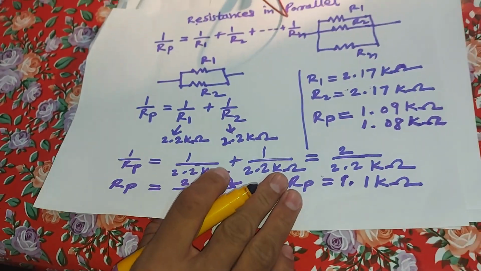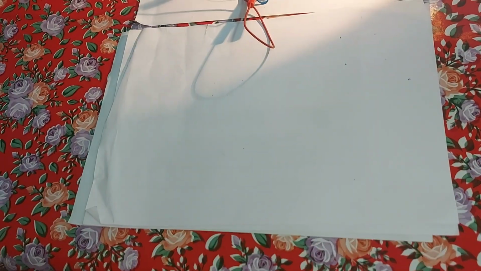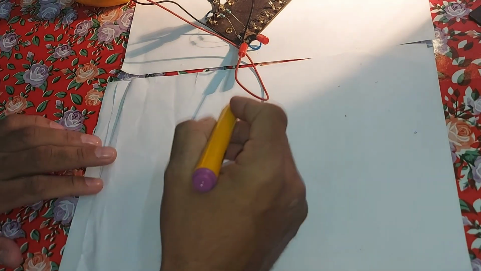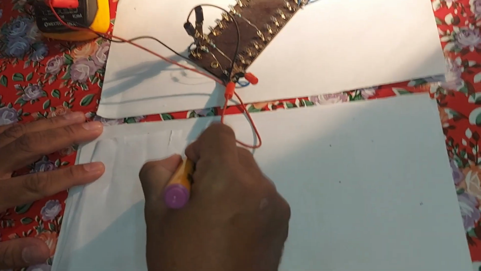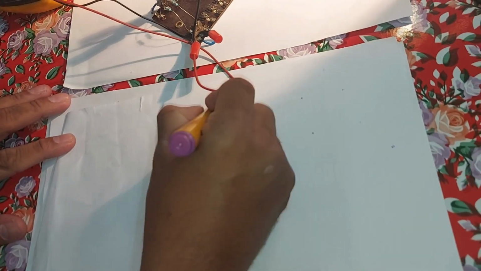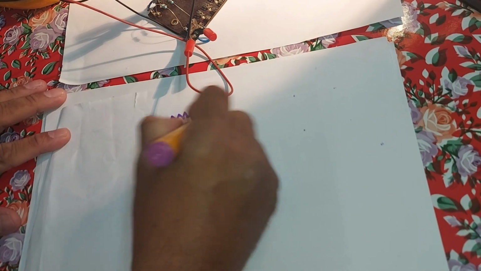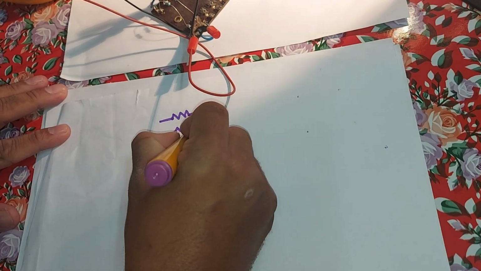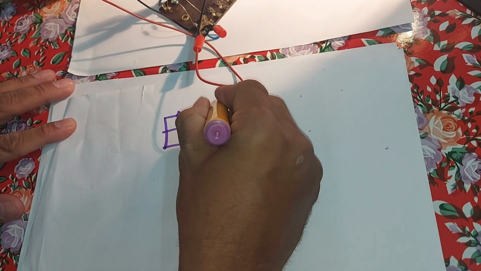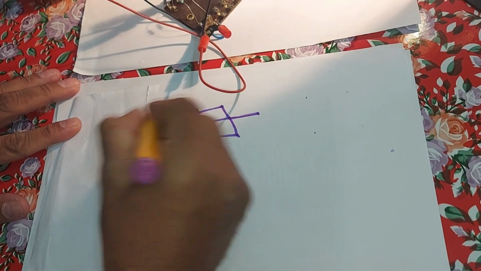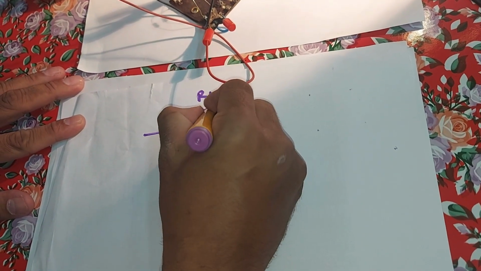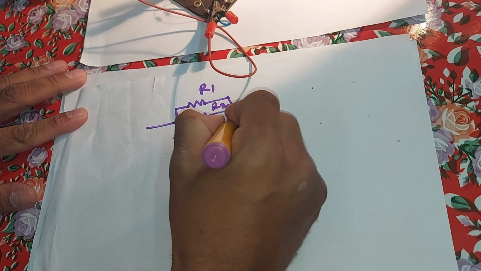Now instead of two resistances, if we have three resistances in parallel, then what will happen? The equivalent circuit for three resistances will be like this. This is our R1, this is our R2 and this is our R3.